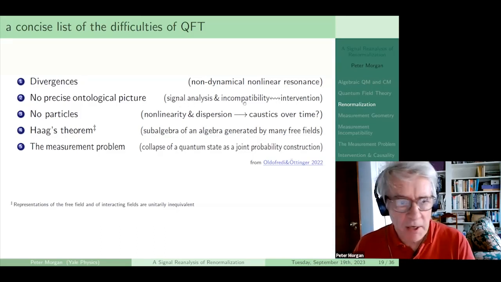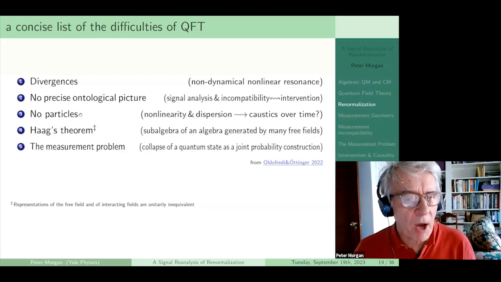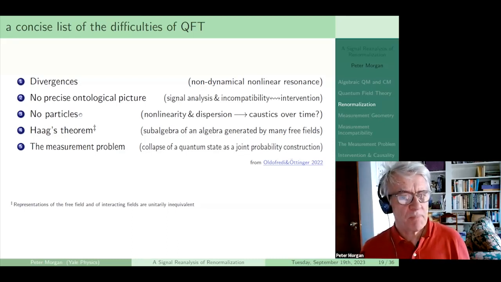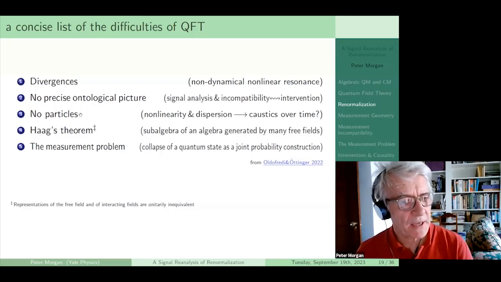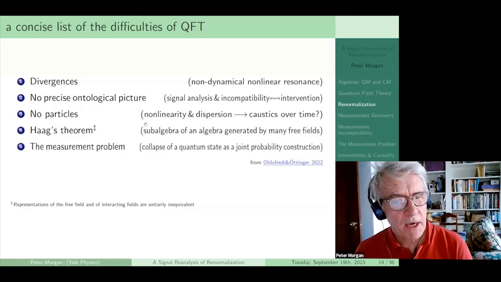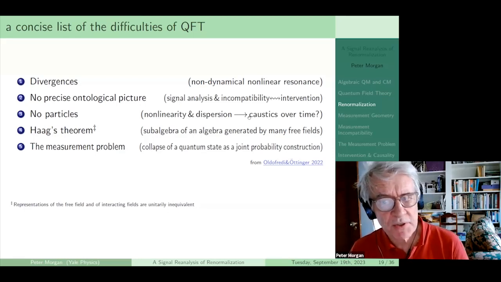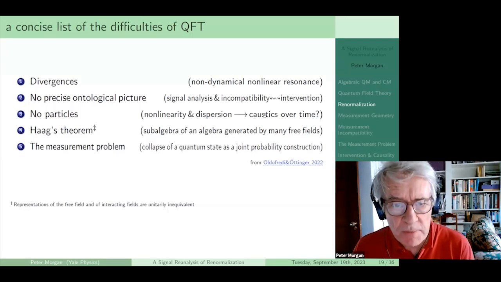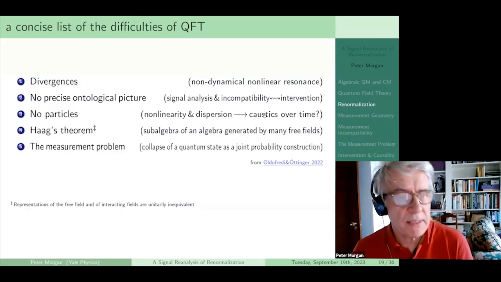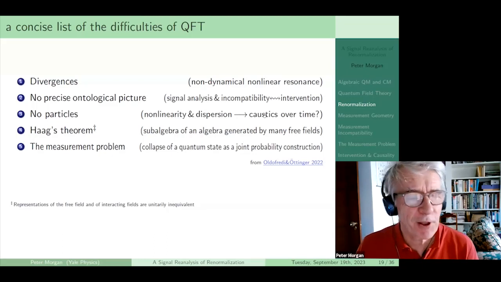And I also argue in the last but one slide that, also, as they point out, there are no particles in quantum field theory as such. But by introducing the nonlinearity, weakening the axioms, that means there are more models. And in particular, nonlinearity together with dispersion allows us to construct, I suggest, certainly caustics, almost certainly solitons, which hopefully would be tables and chairs in the long run, very much the long run.